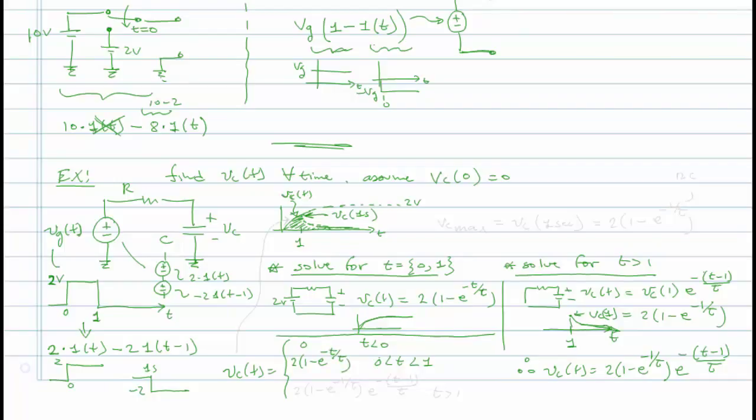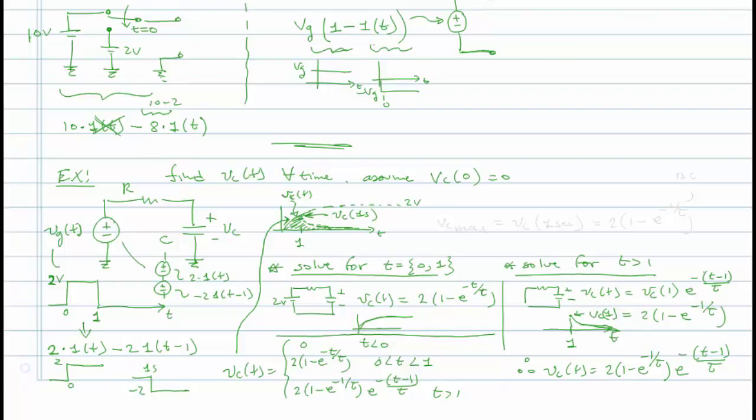And for time greater than 1 second, we will have 2 times 1 minus e to the minus 1 over tau, times e to the minus t minus 1 over tau. This is for time greater than 1. And if you plot this, it will look just like what we have here.